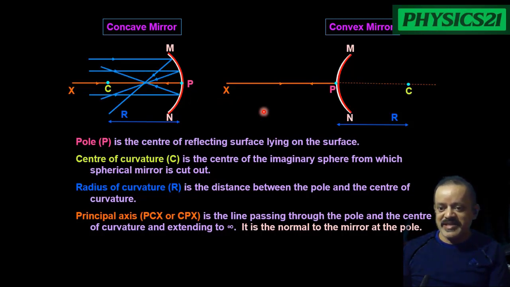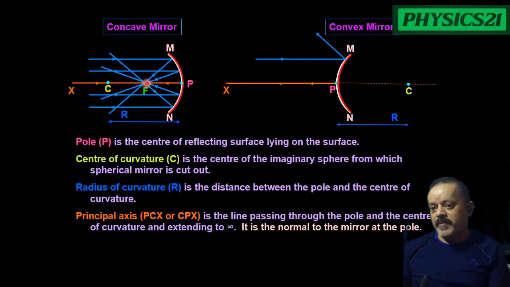Rays incident parallel to the principal axis, after reflection pass through a point on the principal axis known as the principal focus. You can see in this diagram, these are the rays which are incident parallel, and after reflection pass through this point. It is known as the focus or principal focus.